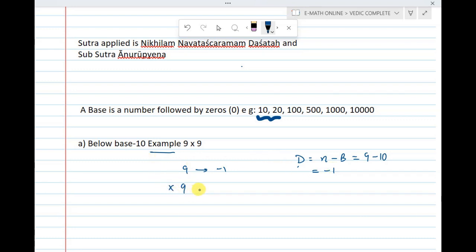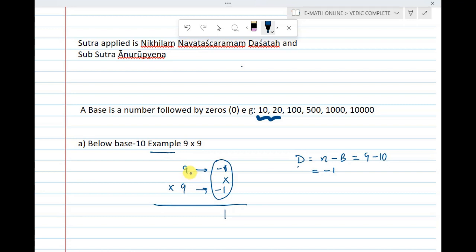Similarly, the other number also has the same deficiency, minus 1. After finding the deficiencies, you should multiply them together. Minus 1 into minus 1, how much? Plus 1.